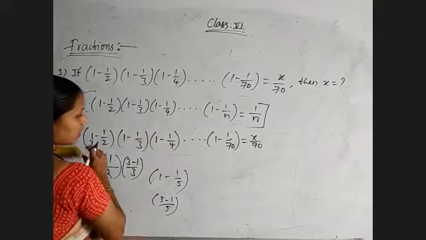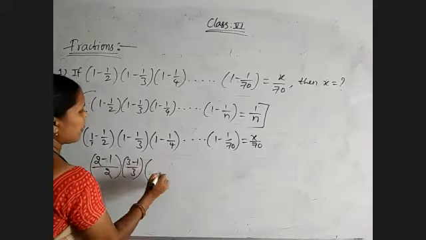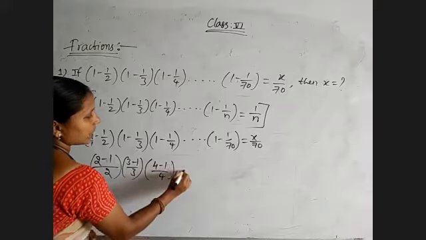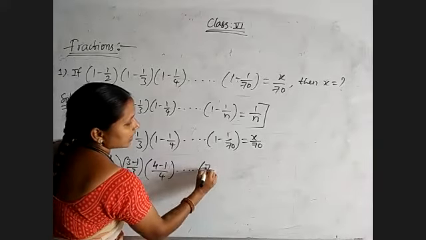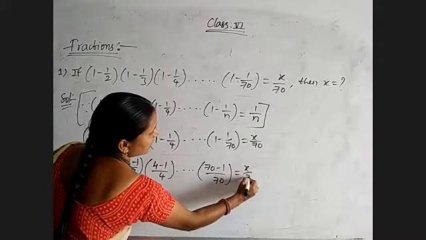And next 1 minus 1 by 4, that is 4 minus 1 by 4, and so on, up to 70 minus 1 by 70, is equal to x by 70.